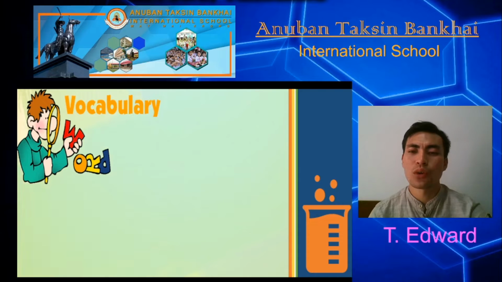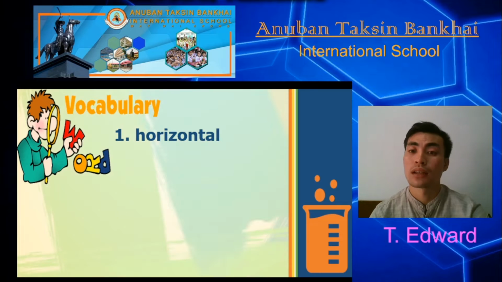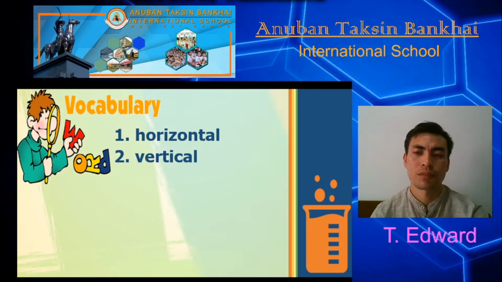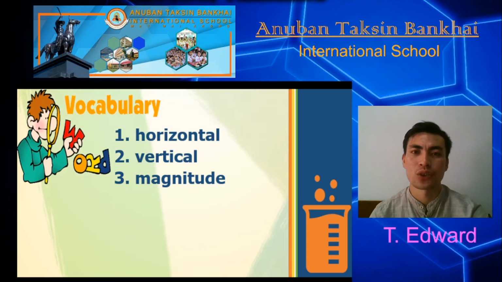Now let's go to our vocabulary words. The first word is horizontal. Can you read it with me? Horizontal. Good job. Number 2, vertical. Vertical. Number 3, magnitude.